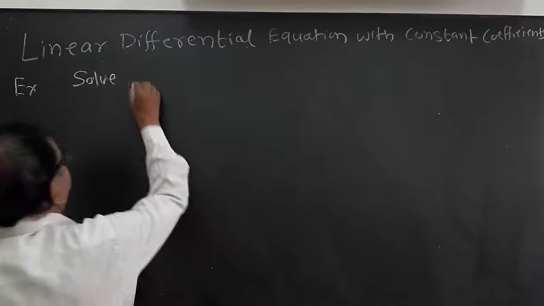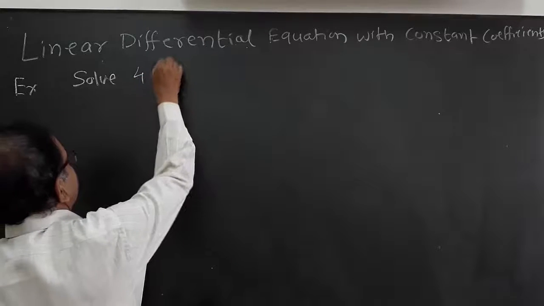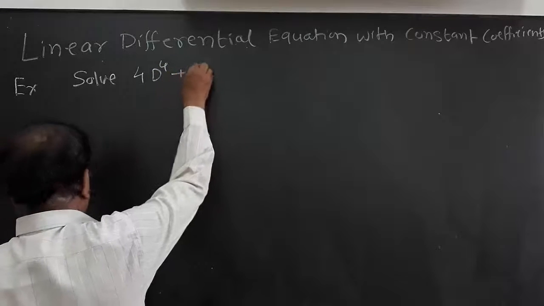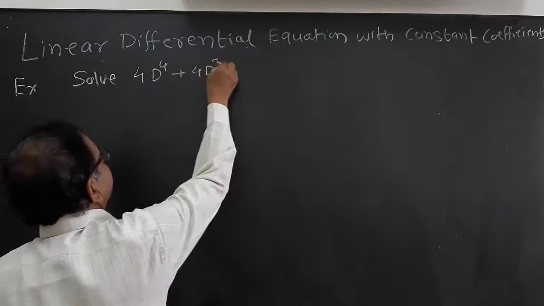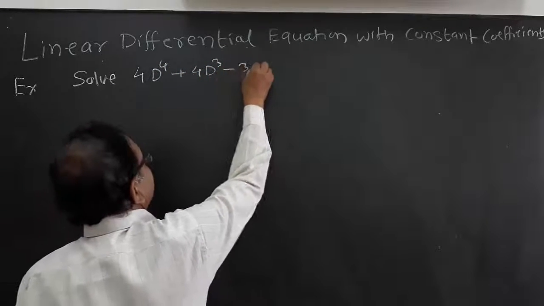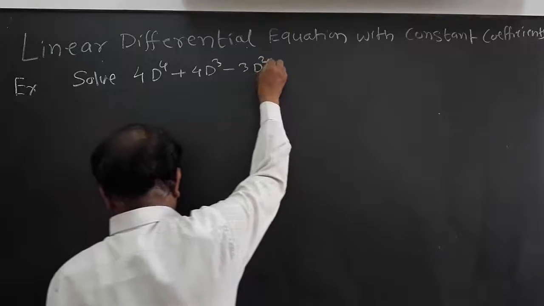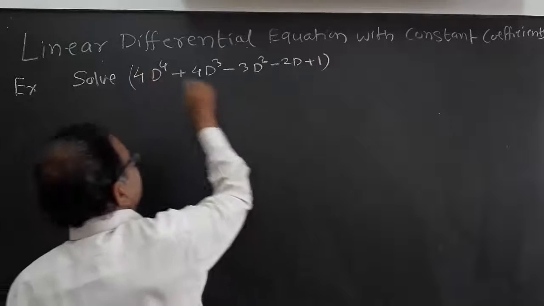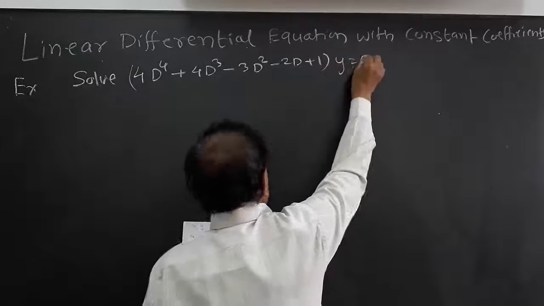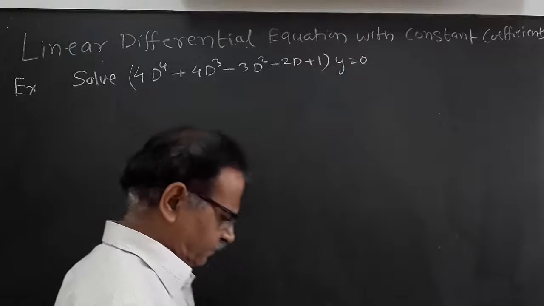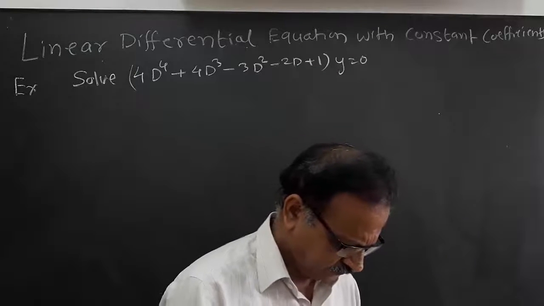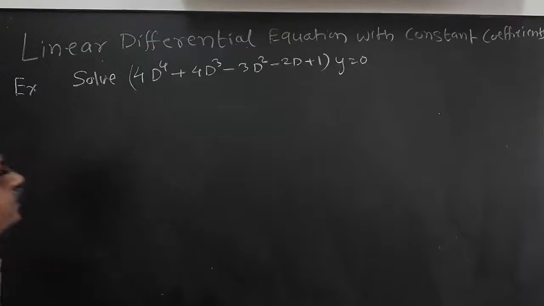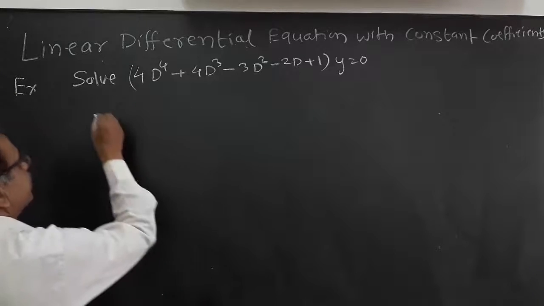Solve 4D raised to 4 plus 4D cube minus 3D square minus 2D plus 1, y equal to 0. Now, to solve this differential equation, we have to write the auxiliary equation.